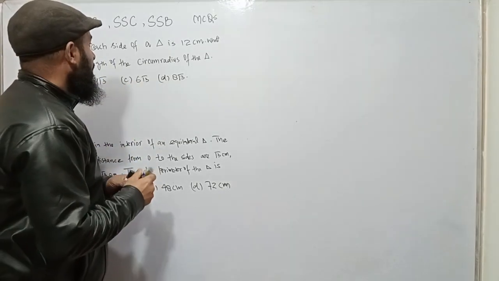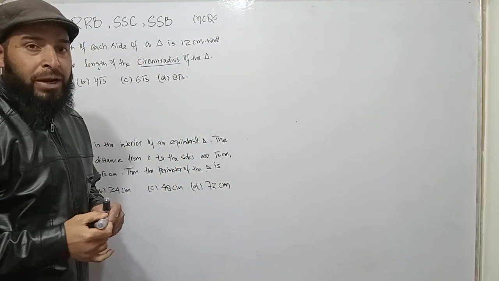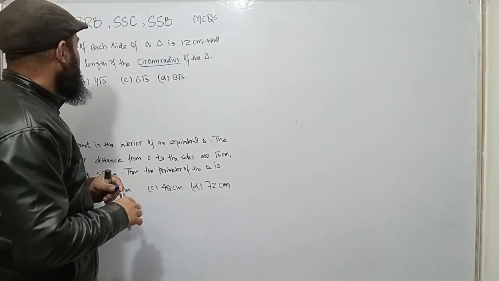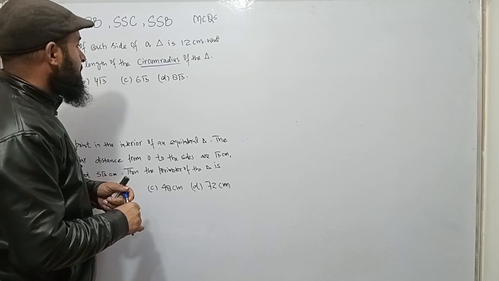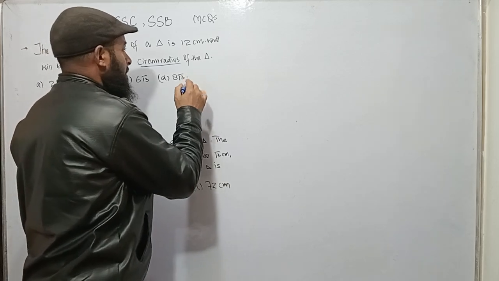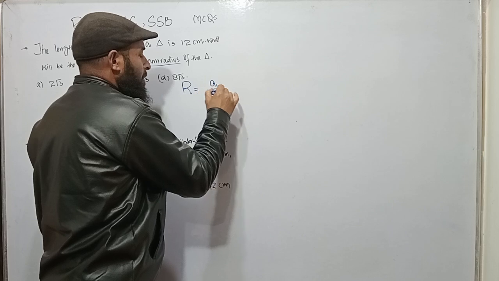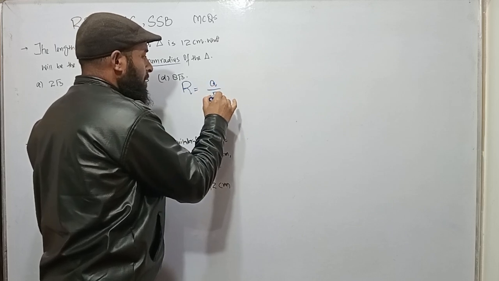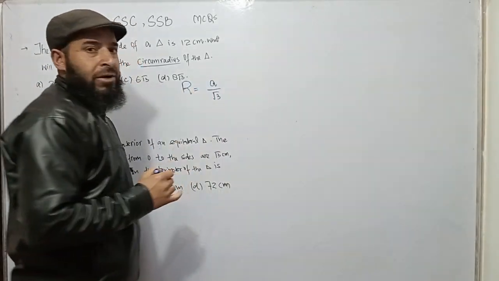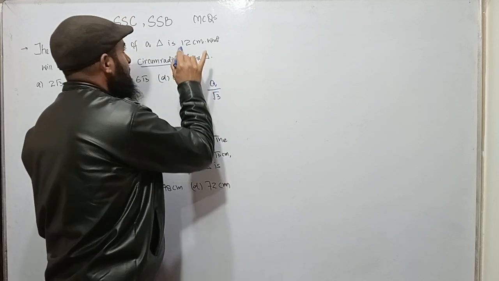First of all, we must know what is meant by the circumradius. Circumradius is equal to a upon root 3. What is a? It is the side of the equilateral triangle. And here what is our side? Side is 12.